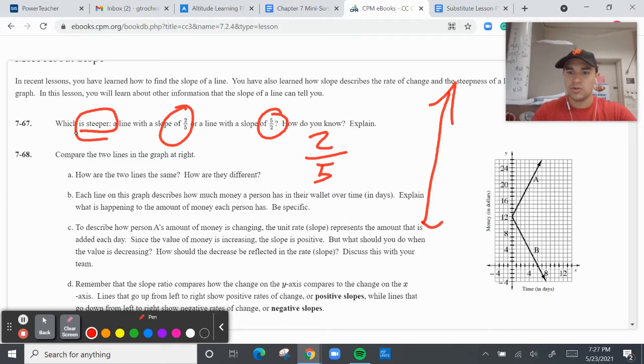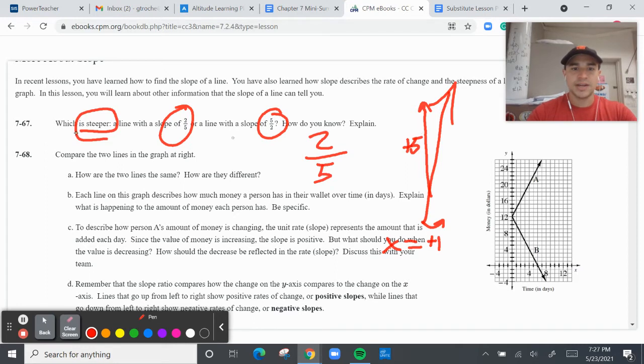So for example, if this goes over +1 horizontally, so the x would be +1, but the change of y is very high. For example, in this case, let's say it's like +5, then that means it's going to be very steep. So the change of y is going to be much greater than the change of x.